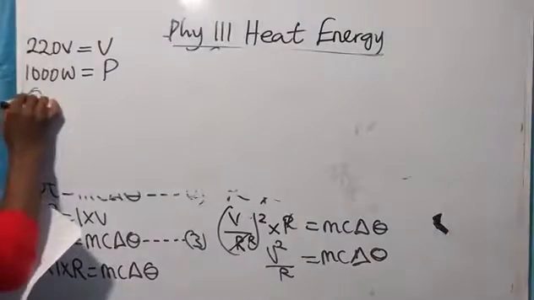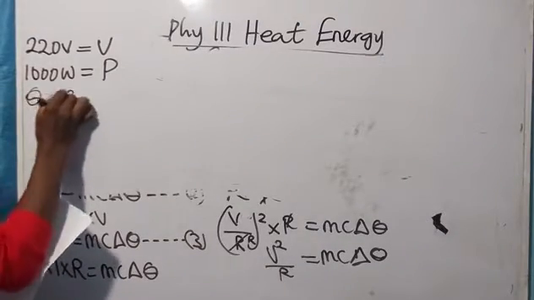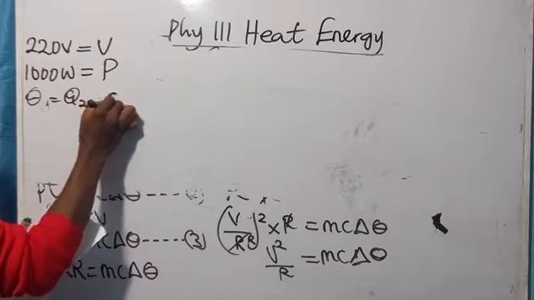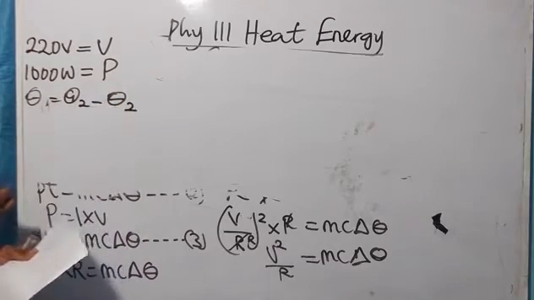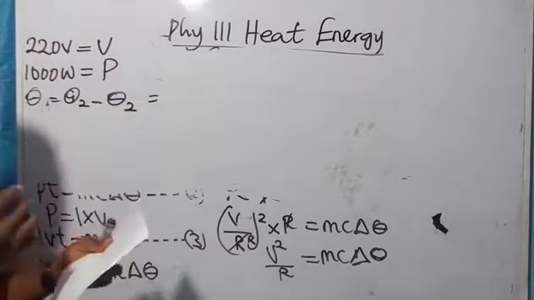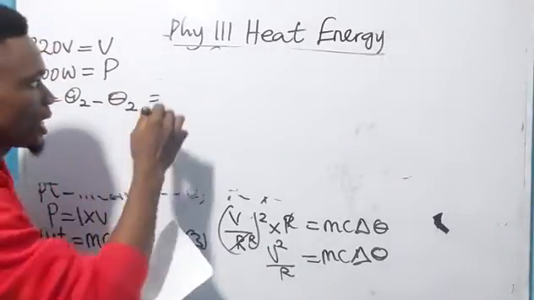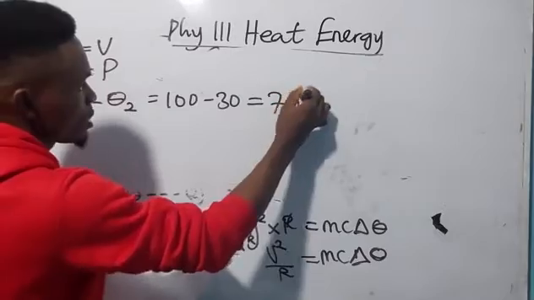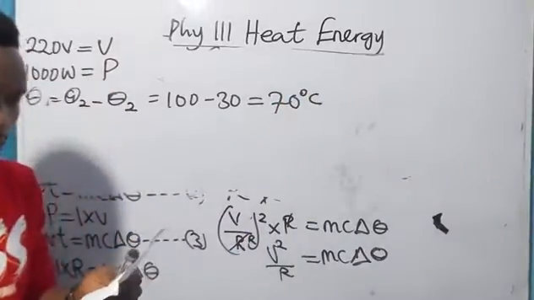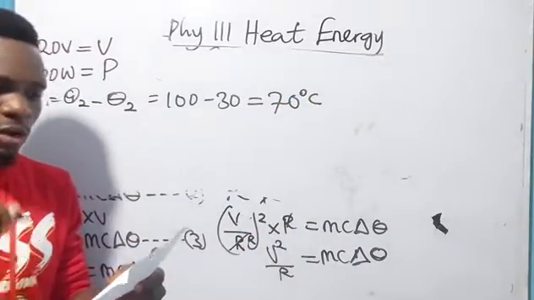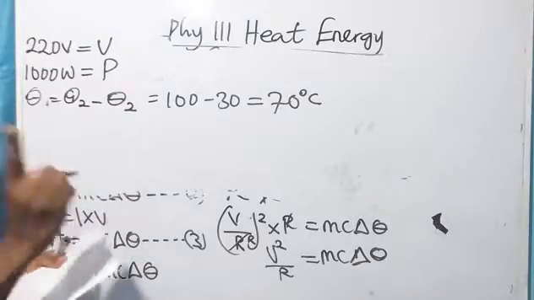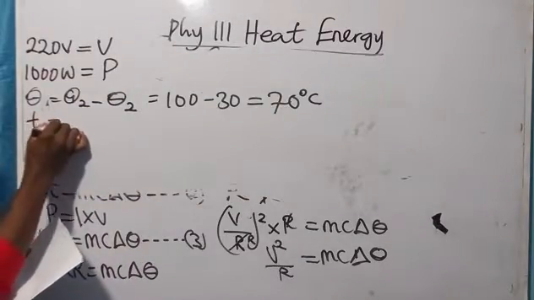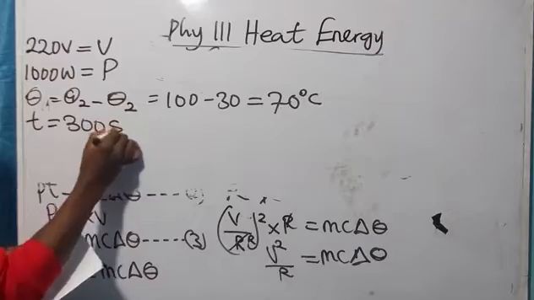So it means that the temperature change now becomes theta 2 minus theta 1. They said it changes from 30 to 100, that becomes 100 minus 30, and that will give me 70 degrees Celsius. And the current flows for 300 seconds, which means that time is 300 seconds.